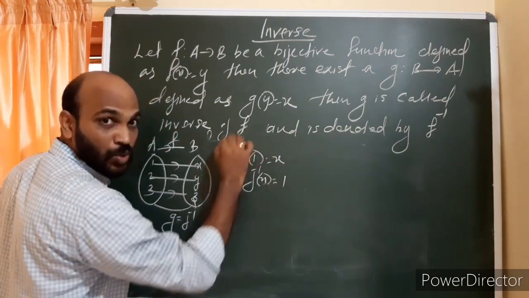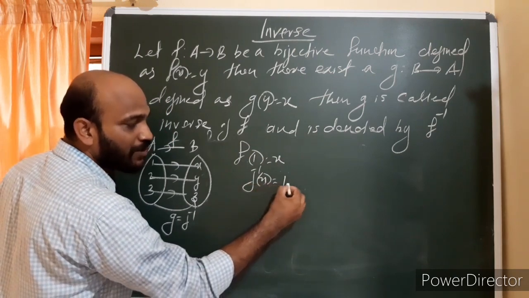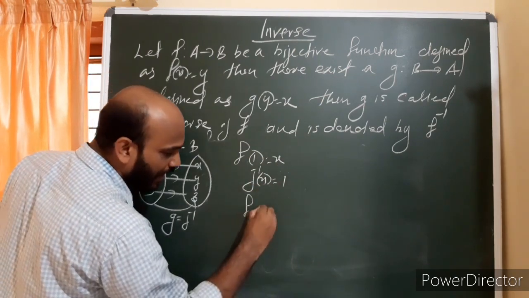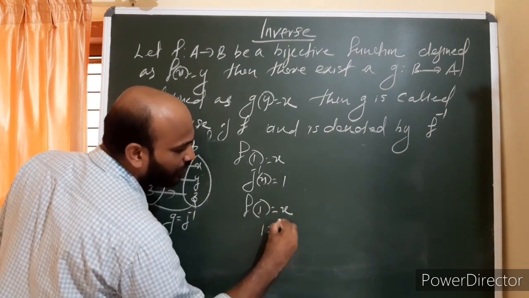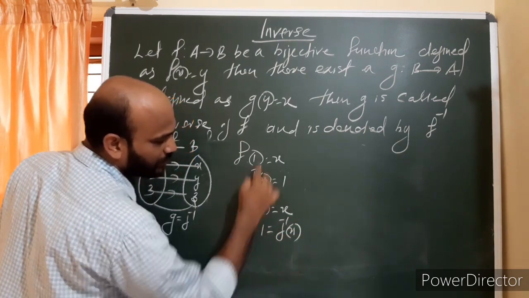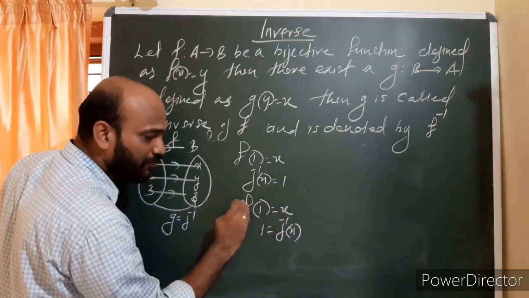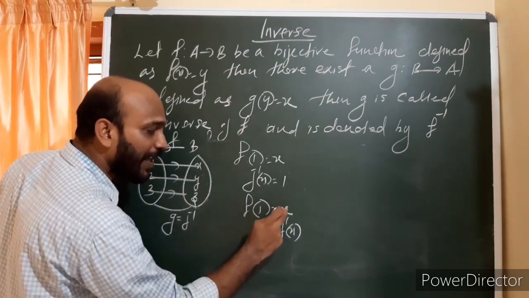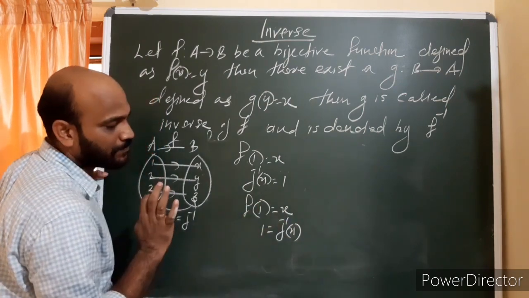Now read these two together. f of 1 equal to x, then f inverse of x equal to 1. These two are same. Means image of 1 equal to x under the function f, then image of x will be 1 under the function f inverse.